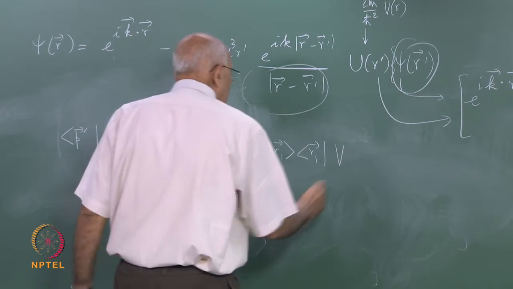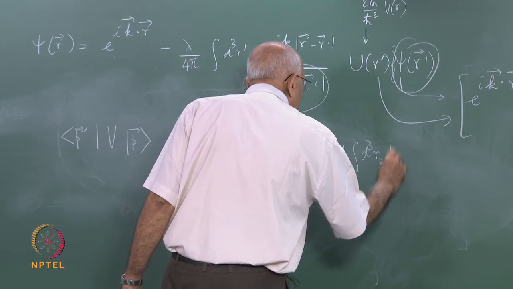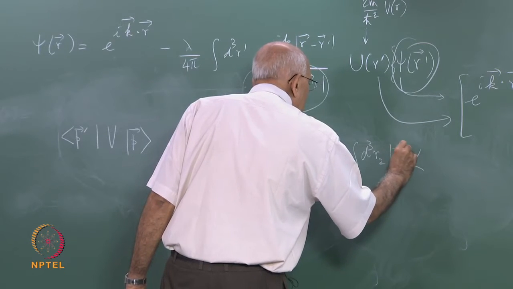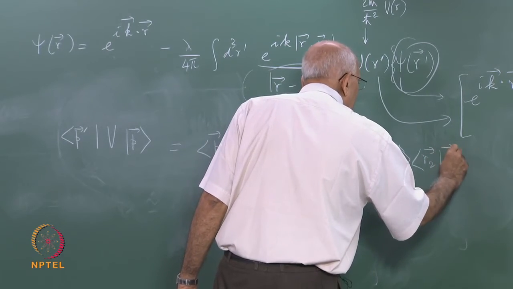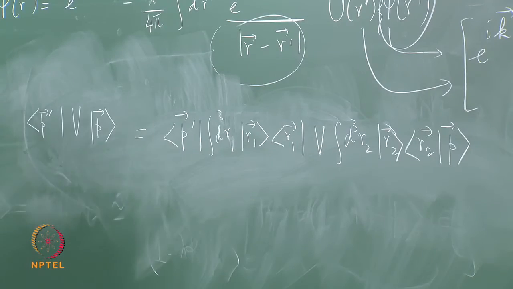So d3 r2, r2, and then a p. I have inserted two identity operators in between.